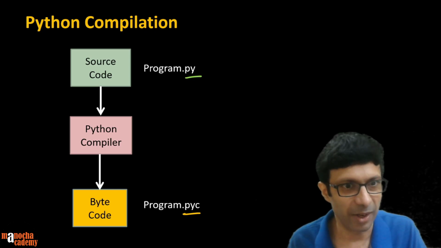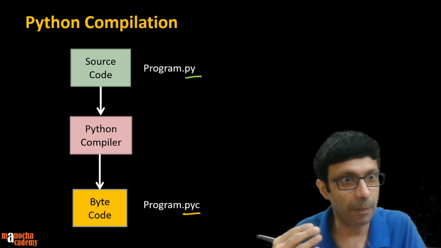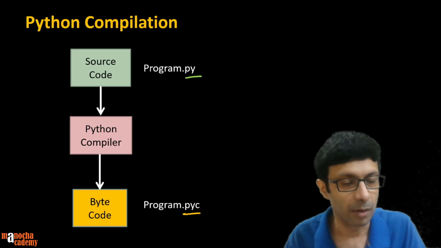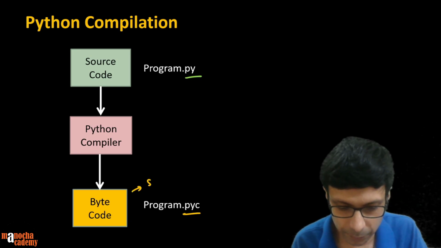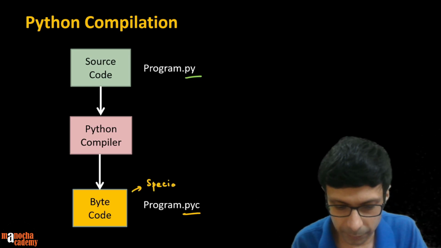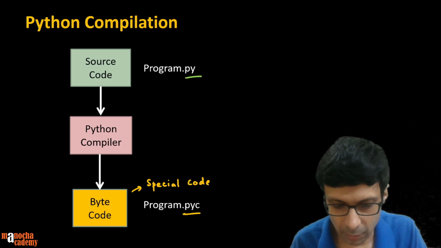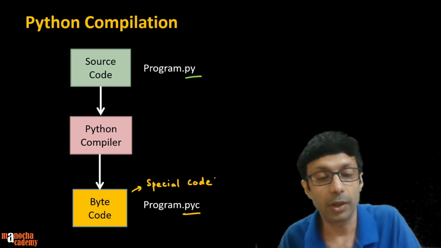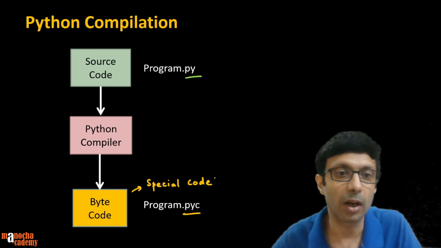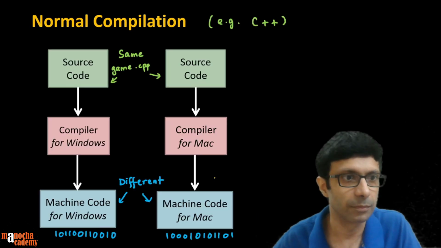Okay, right? So again, the compilation is done, but this bytecode is a kind of special code. Again, it will be ones and zeros. If it converted, good question, if it converted directly to machine code, again we will have the same problem, right?